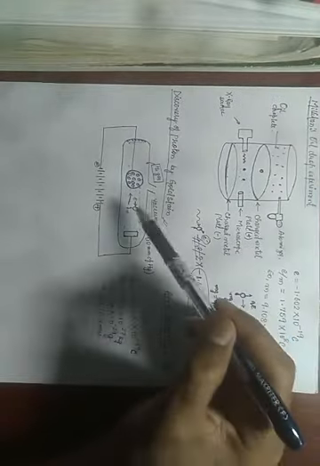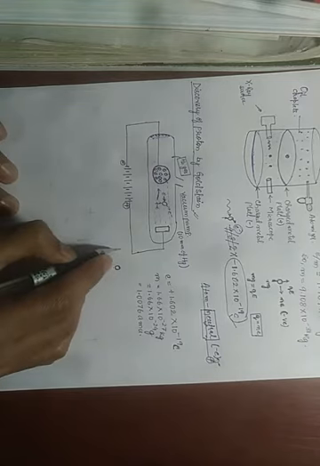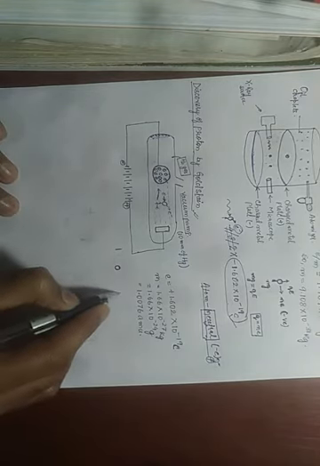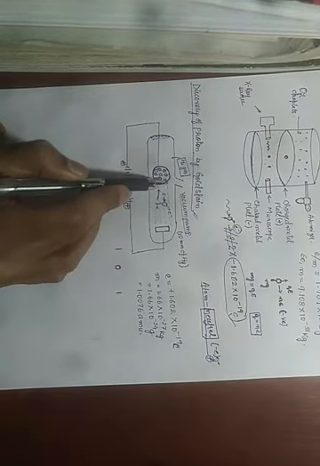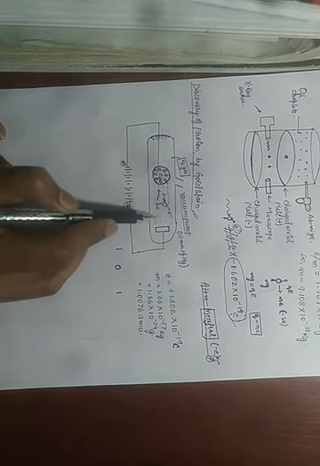So what happened here is, suppose this is a gaseous atom, and this side is the negative side and this side is the positive side. As we all know from the Thomson experiment, the cathode ray travels from the negative to the positive side.